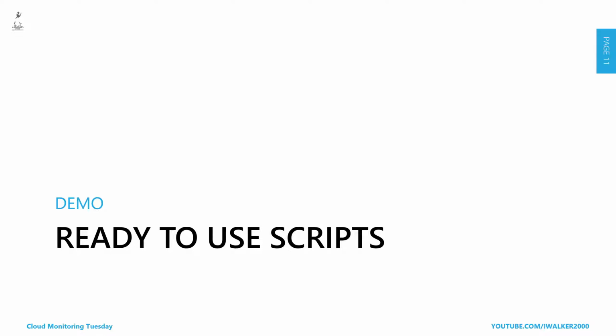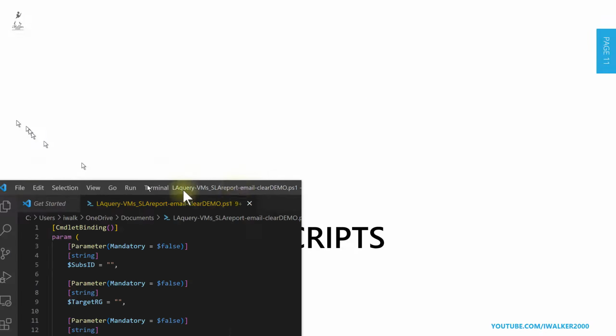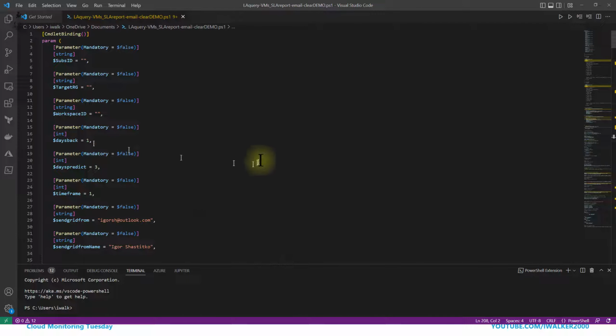And I would like to demonstrate this script as is. I just deleted the required information from this script. You can see here some parameters, since we are talking about the script that takes the SLA report for the virtual machines.